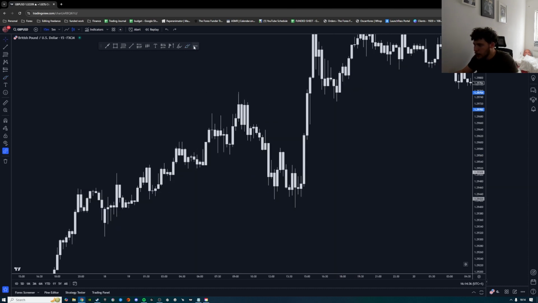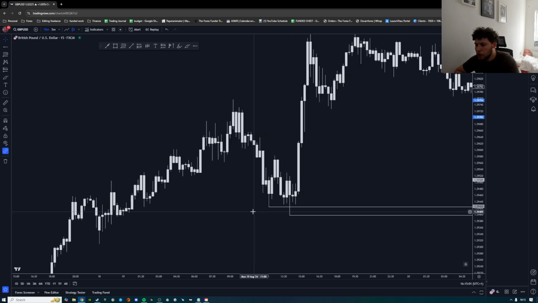If we were using wicks as a break of structure, this would be your low, and we've printed the low here, and price comes back up and pushes down, and where has it put its new wick? People that use wicks would see that as a break of structure, and the problem with using wicks as a break of structure is, wicks show where price has gone, not where price has ended.